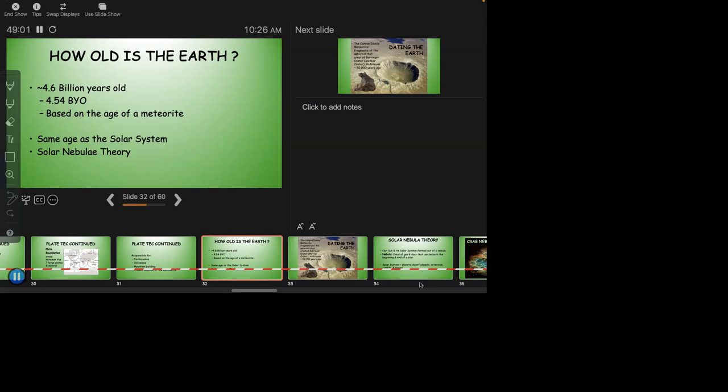We're able to do that because we believe in something called the solar nebula theory, which I will tell you all about. And the solar nebula theory tells us that basically, again, in that geologic fuzzy rounding world, everything in the solar system is the same age. Okay? Not wave a wand, poof, there's a solar system.